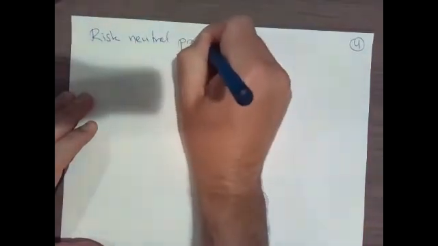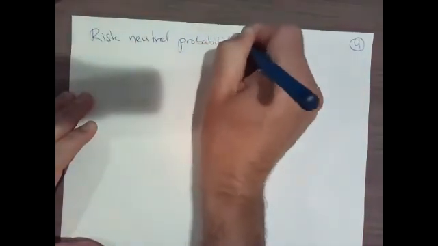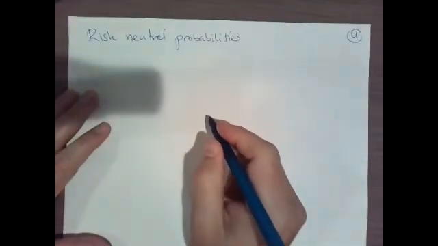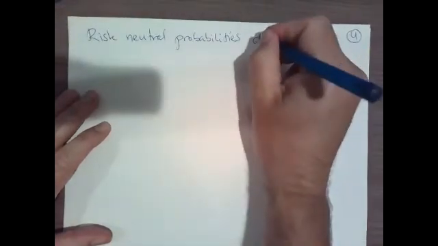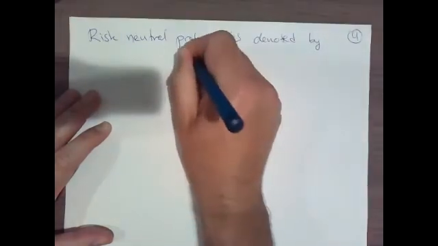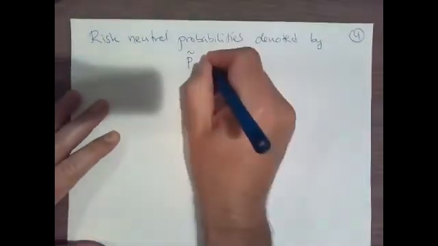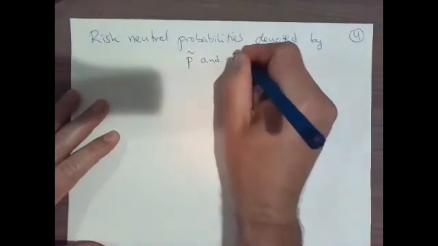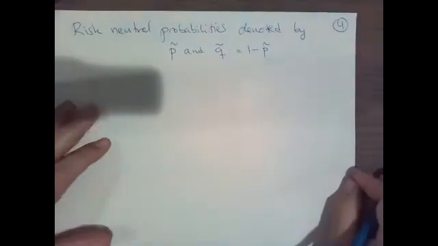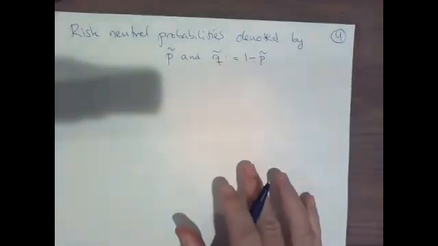There is something called risk neutral probabilities, and they're denoted by P tilde and Q tilde, which is 1 minus P tilde.